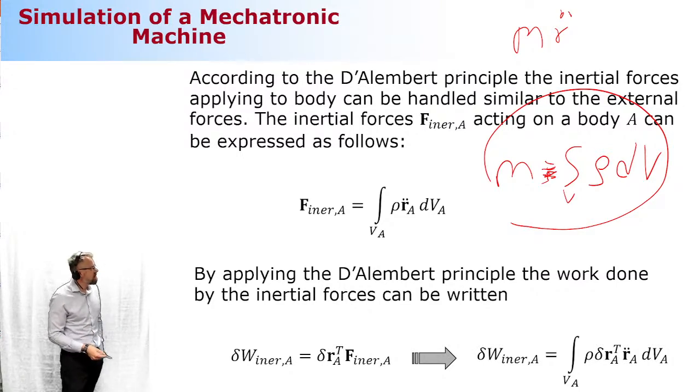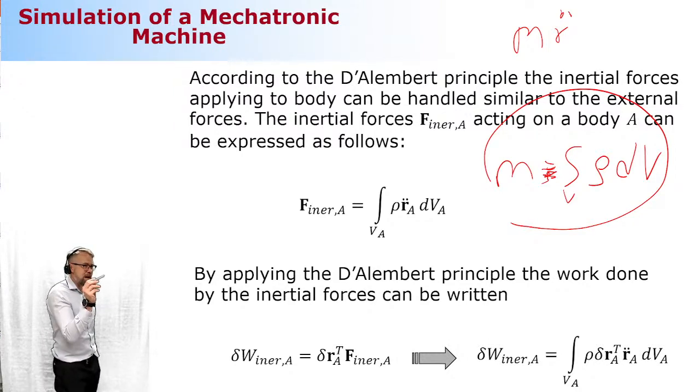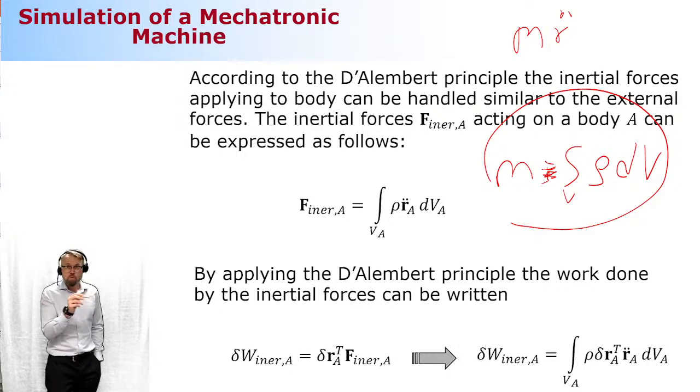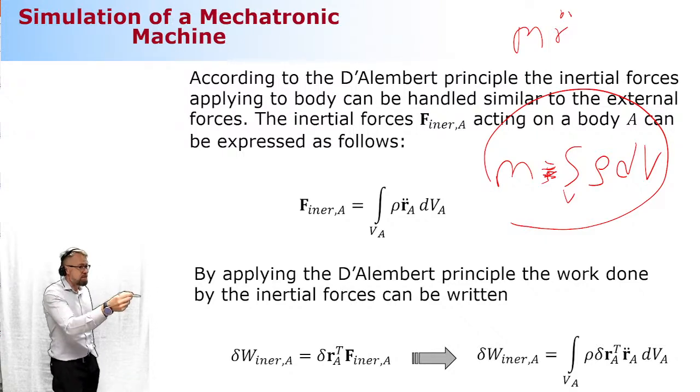What next? Next, we're going to do exactly the same, because this is what D'Alembert figured out: that inertial forces can be treated similarly to externally applied forces. So what we can do is compute the virtual work made by inertial forces.